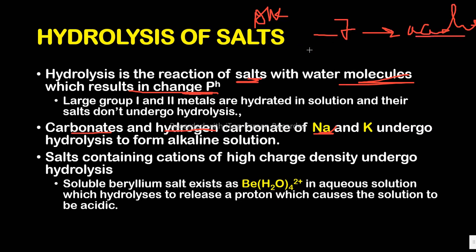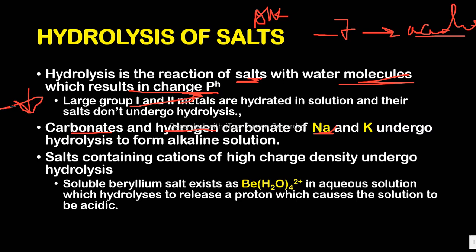For hydrolysis to occur, it occurs with the smaller ions, okay, that can easily polarize the water molecule to react with it. But for salts of large ions, for example, within group 2 and group 1, if you go down the group, the tendency to polarize, the tendency to undergo hydrolysis decreases.